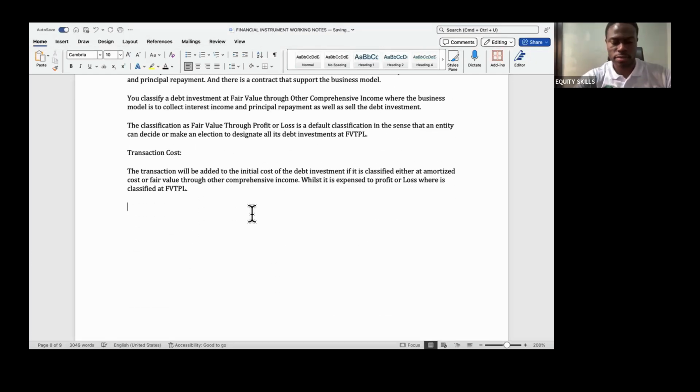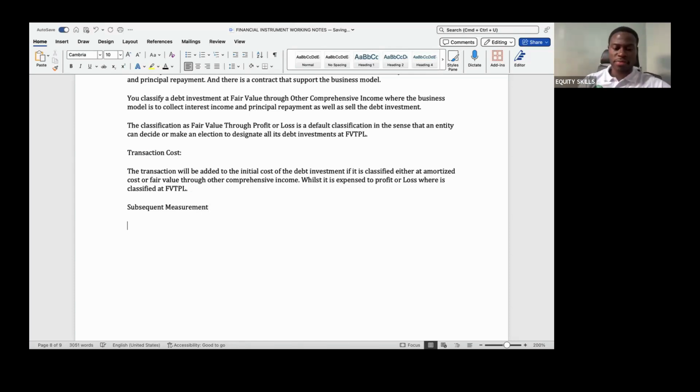Now, subsequent measurements for debt investments, which is the measurement at the reporting dates or at the end of the year. How do you do this measurement at the reporting date or the end of the year?